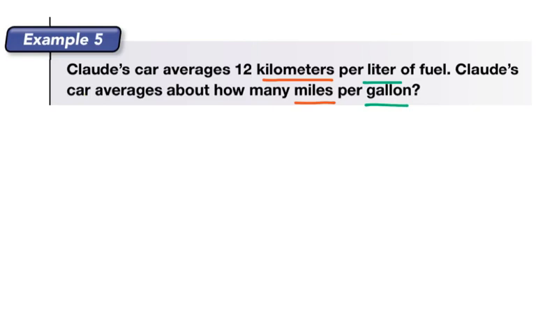The difference between this one and our last one is that we have to use the book to know that 1 kilometer is about 0.62 miles. This isn't something that we have memorized; they are telling us this information.